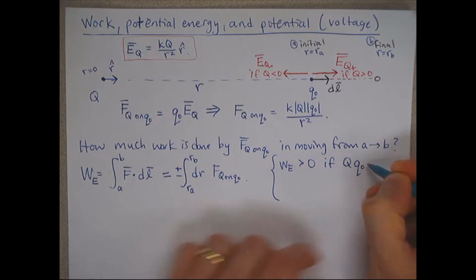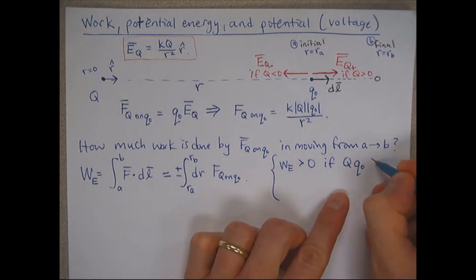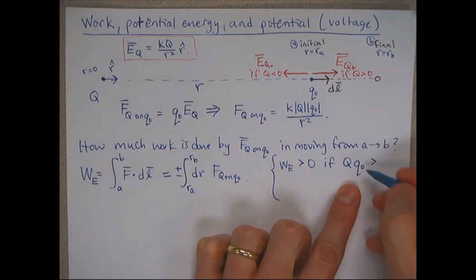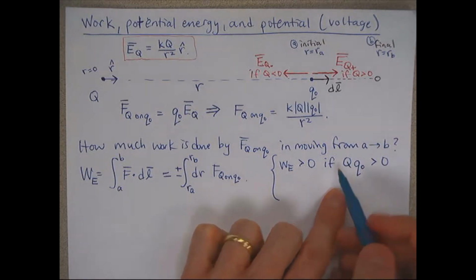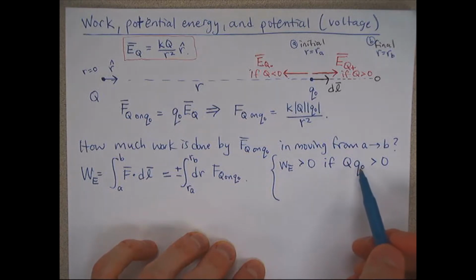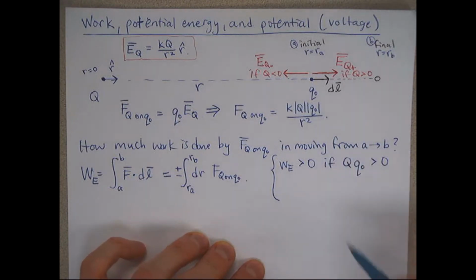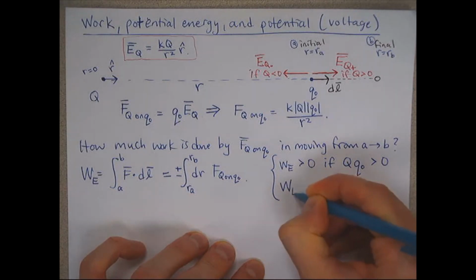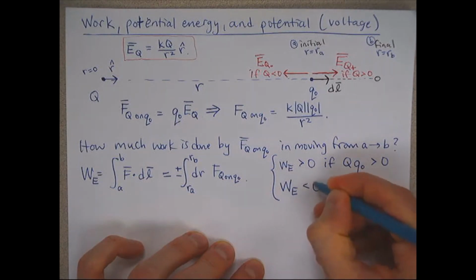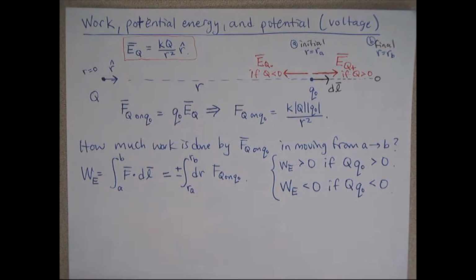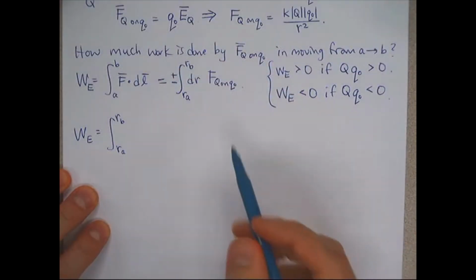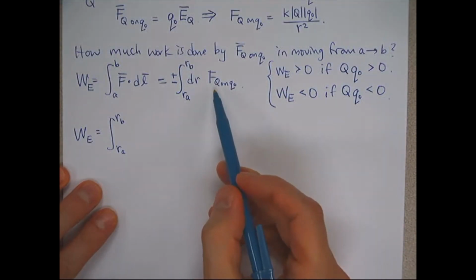In fact, what we do here will be valid for either positive or negative test charges. So all we need to demand is that the product of capital Q times lowercase q is positive, meaning they have the same sign. And then that work would be negative if the product is negative, meaning they have the opposite sign of charge.